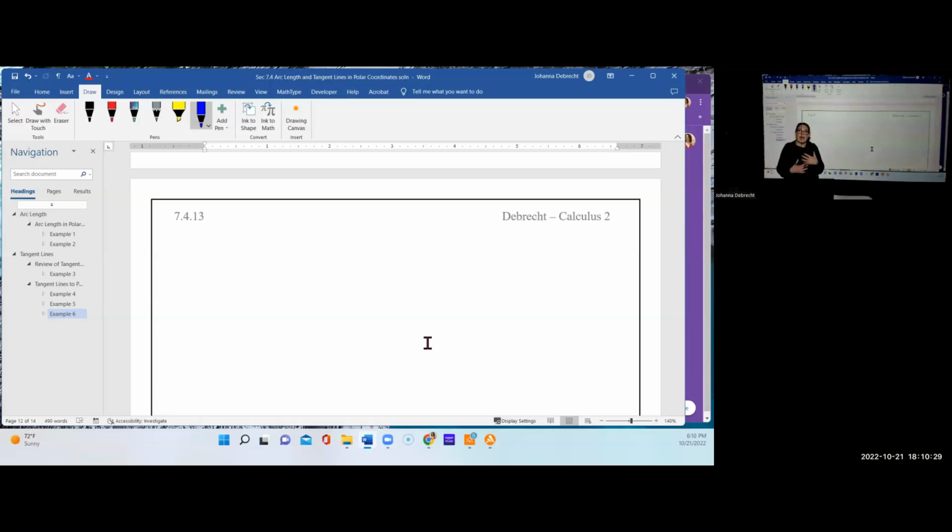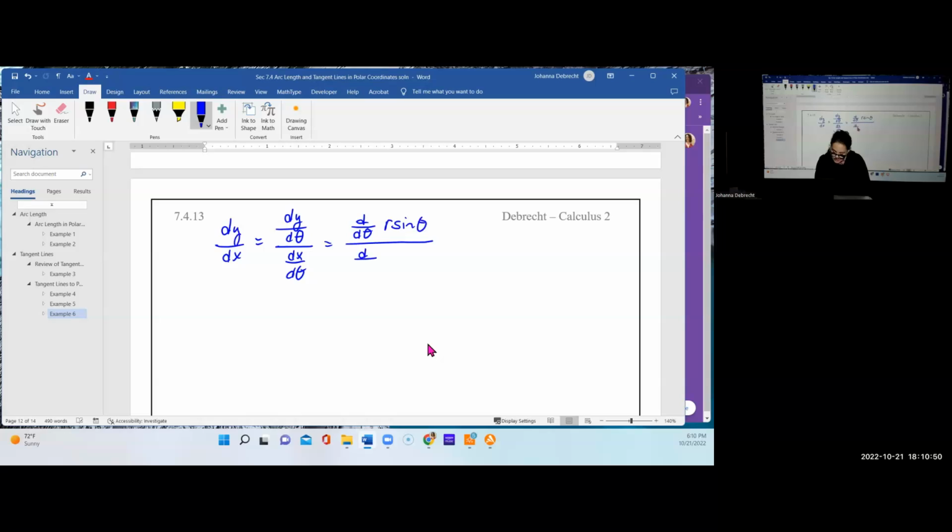Right? So now what we want to do is find the formula to give us the slope of the tangent line at any point. So we're going to go ahead and find dy/dx. Remember that this is dy/d theta over dx/d theta, which is the derivative with respect to theta of r sine theta divided by the derivative with respect to theta of r cosine theta. Then we can apply the product rule.